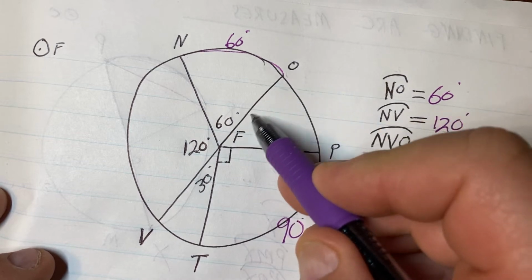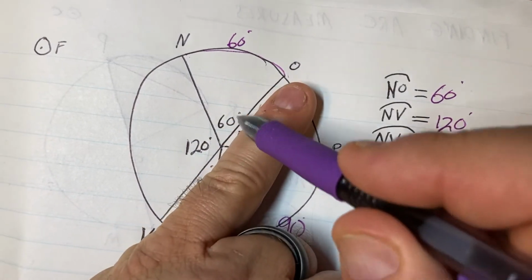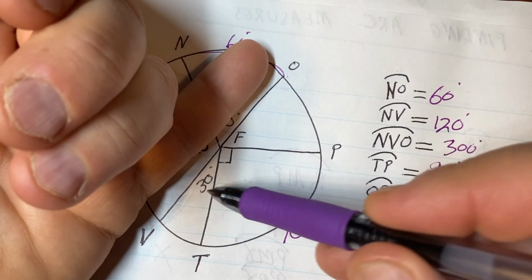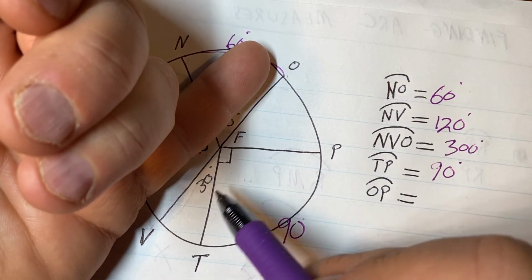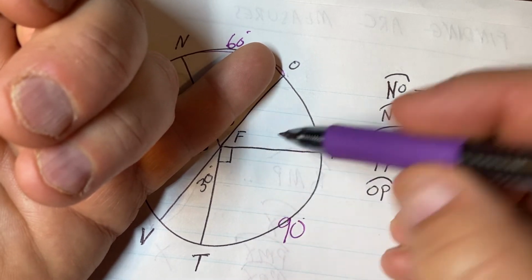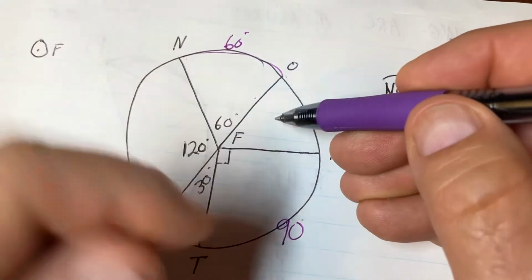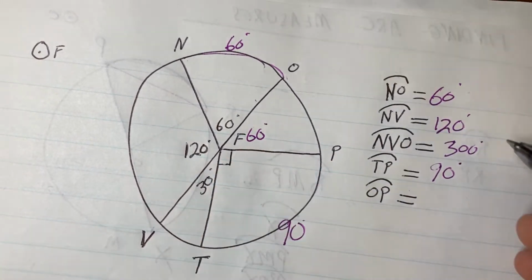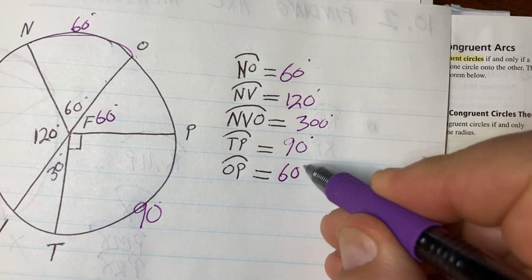I know that these two add up to 180. That means these three also have to add up to 180. 90 plus 30 is 120. 120 plus what gives you 180? Has to be 60. So this arc is also 60 degrees.